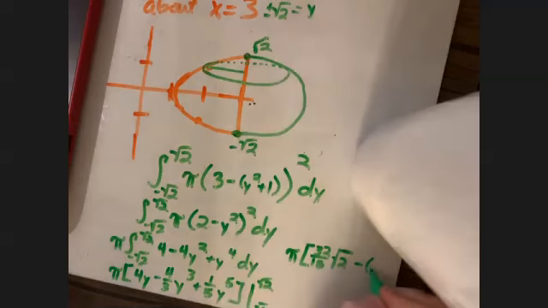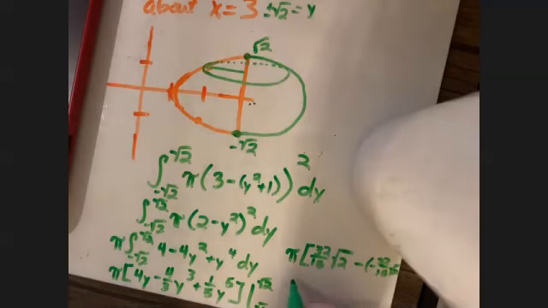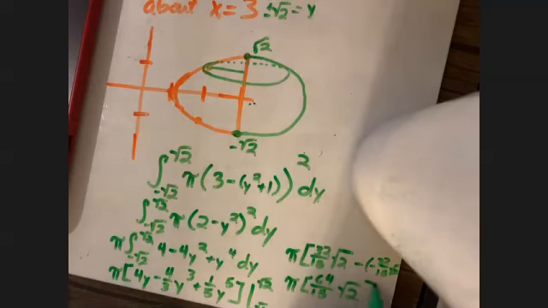And I'm getting negative 32 over 15 square roots of 2. So it's going to turn into plus. So I'm going to have pi times 64 over 15 square roots of 2.